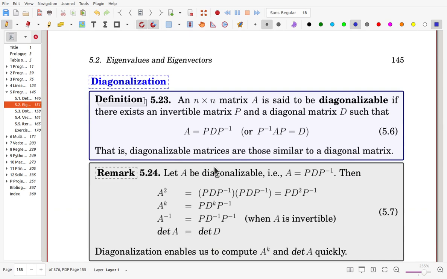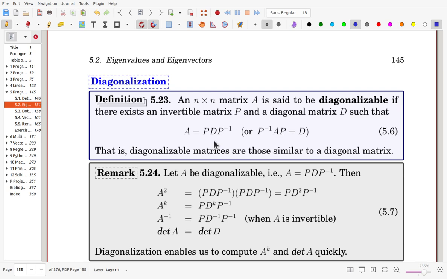Diagonalization. An n by n square matrix A is diagonalizable if there is an invertible matrix P and a diagonal matrix D such that A is P D P inverse. That means A is similar to a diagonal matrix, then A is diagonalizable.